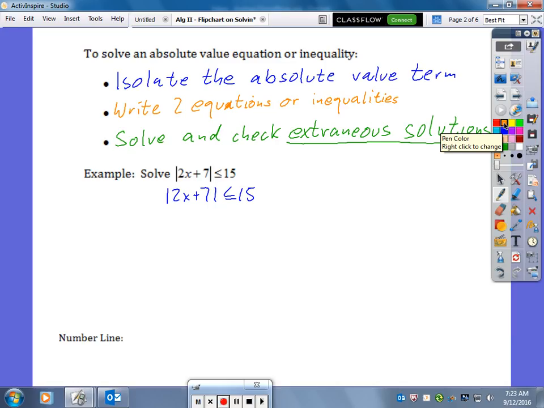And remember, what does absolute value actually mean? Absolute value means that whatever is inside the absolute value bars was either already positive, so nothing really happened by putting the absolute value bars around it. So we're going to write one inequality where that term is positive.